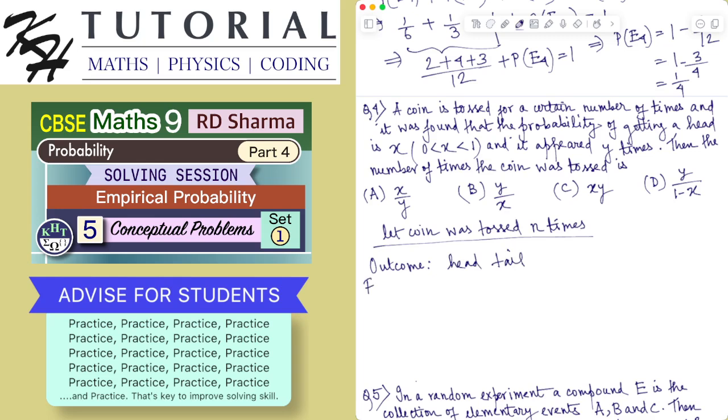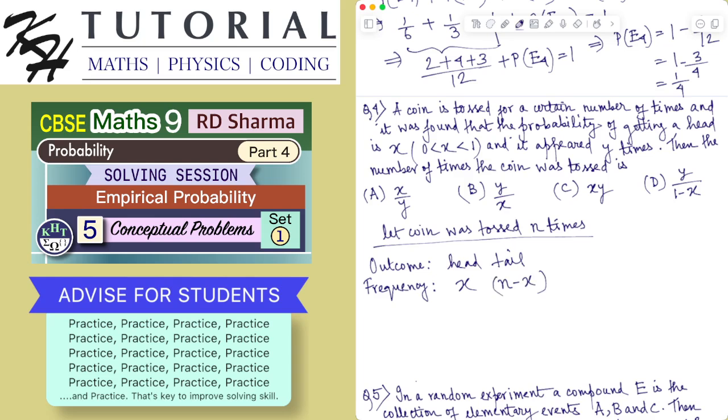Now we need the frequency to calculate the empirical probability. It is given that head appeared X times. We have assumed that the coin was tossed n times and head appeared X times. So tail would have appeared n minus X times.